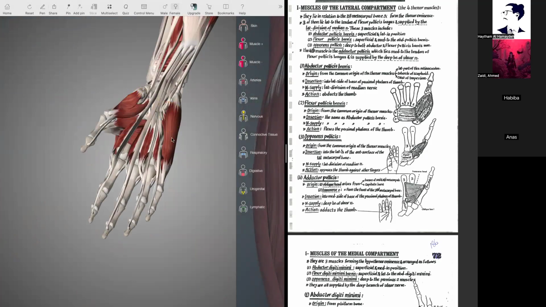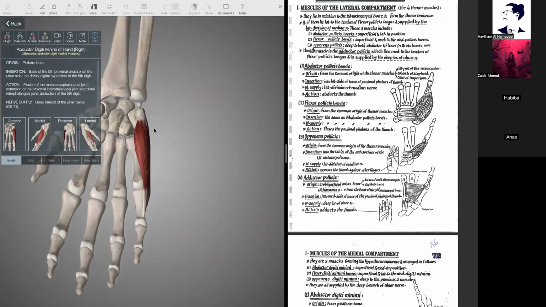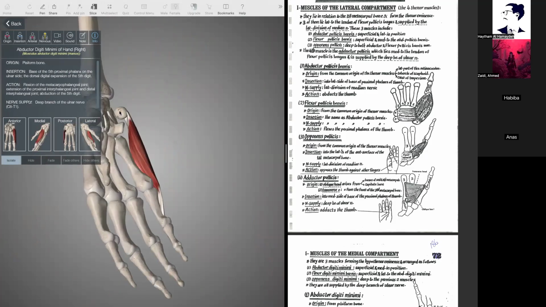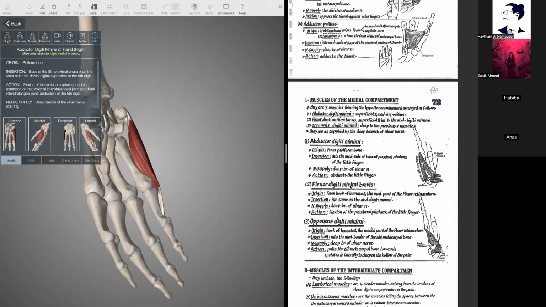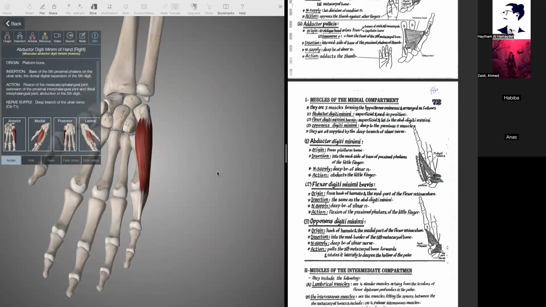In the hypothenar, we have abductor digiti minimi of the hand. Of course, it originates from the pisiform. It inserts into the proximal phalanx base.